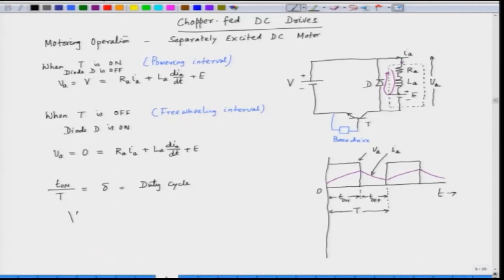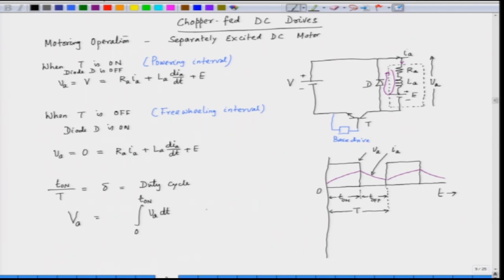The average armature voltage can be found out by integrating the instantaneous voltage across the armature. So, we can find the average armature voltage, V A, by integrating the instantaneous armature voltage, small v A, from 0 to T on, because the voltage is only finite from 0 to T on, and from T on to T the voltage is 0.